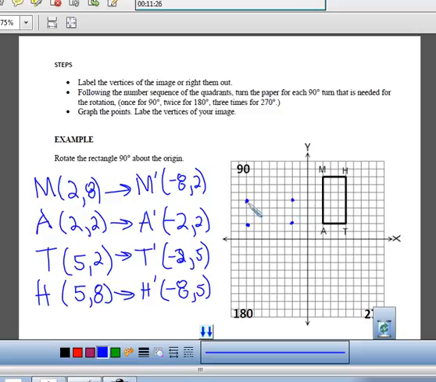And then you label, connect them, and make sure you label them, because that is the key to this. M prime, A prime, T prime, H prime. So here's the image after a 90-degree rotation. And we can see, using arrow notation, where the points came from.